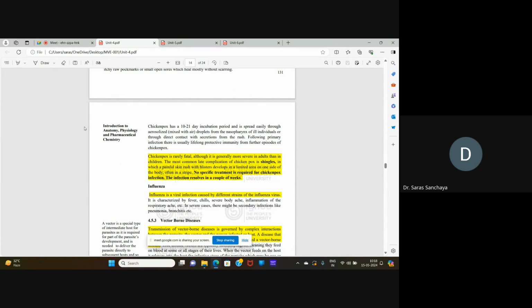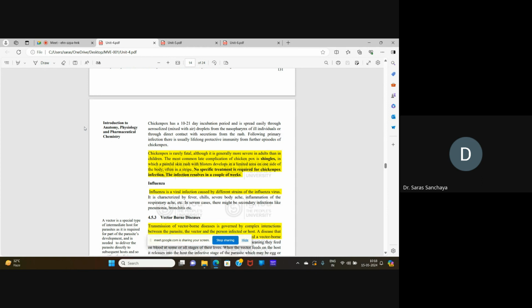The most common late complication of chickenpox is shingles, in which a painful skin rash with blisters develops in a limited area on one side of the body, often in a stripe pattern. No specific treatment is required for chickenpox infection. The infection resolves in a couple of weeks by itself.